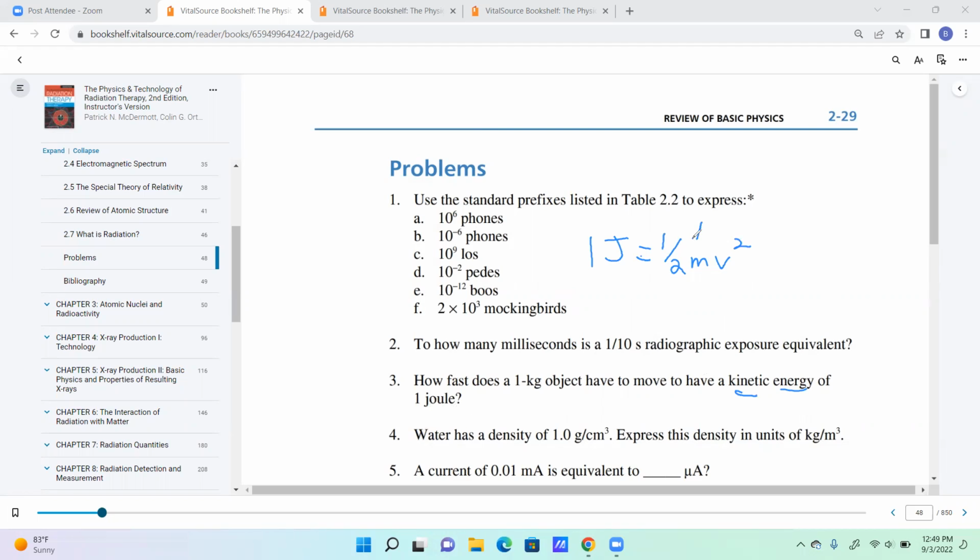We know what this quantity is. Since this is algebra, the only one we have left to solve for is v.